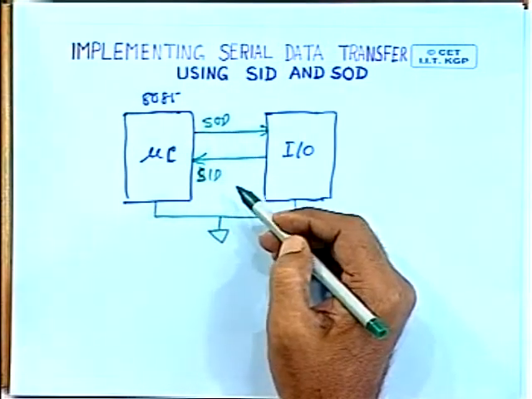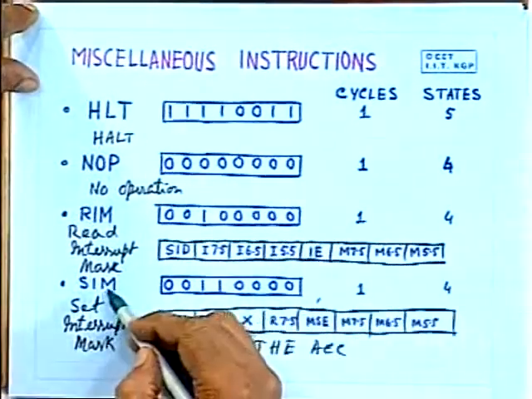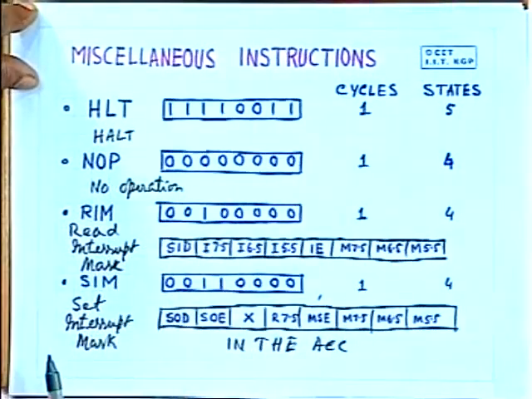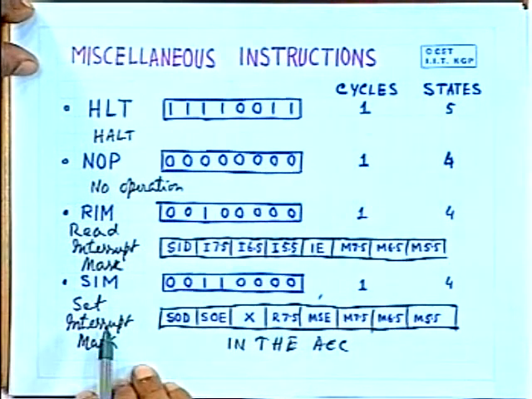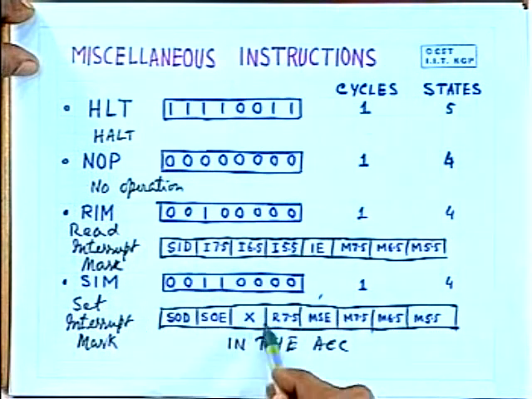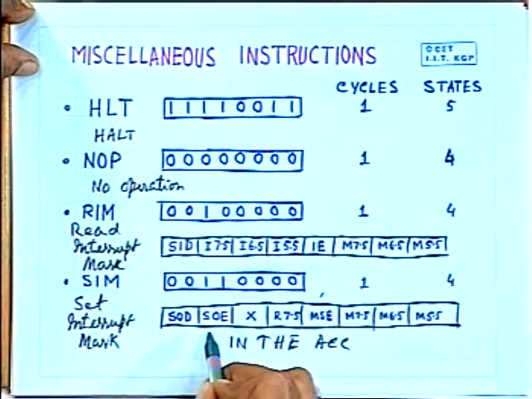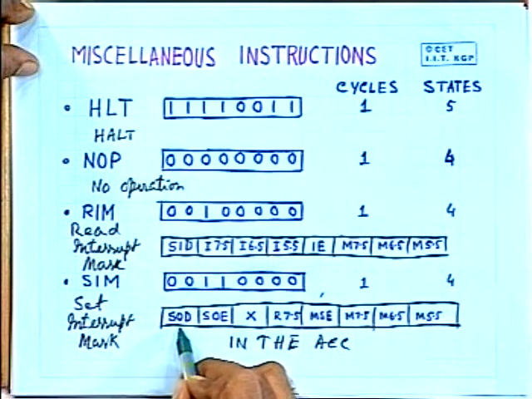Obviously you have to make use of these instructions, SIM and RIM, which I have already explained. SIM is a dual purpose instruction. This part is used for interrupt masking. Let us ignore this part. Suppose you want to send 1 on the SOD line. So this bit has to be 1 to enable the SOD bit, and this bit has to be 1.